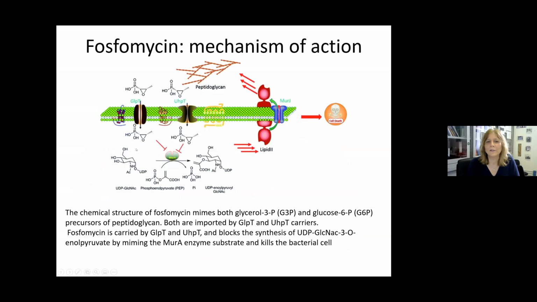It is imported by two transporters and acts as a mimic of glycerol 3-phosphate or glucose 6-phosphate in peptidoglycan synthesis, and is a substrate for MurA. Thus, it blocks the construction of the cell wall and the cell dies.